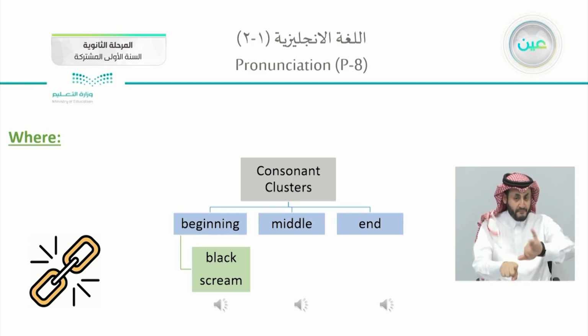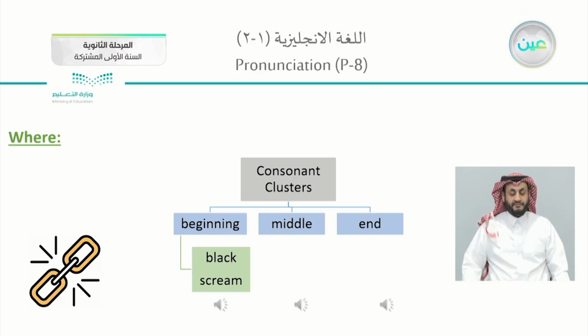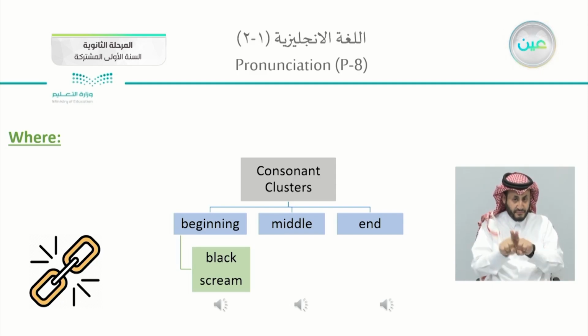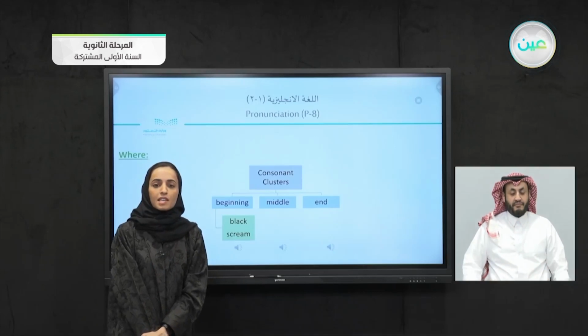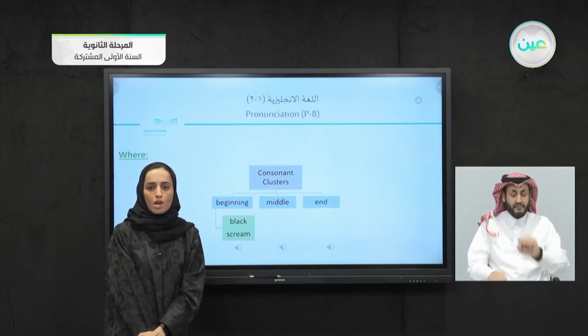Let's listen to them. Black. Scream. We have the B and the L sound in black, and in scream, three consonant clusters, S, K, and R sounds.